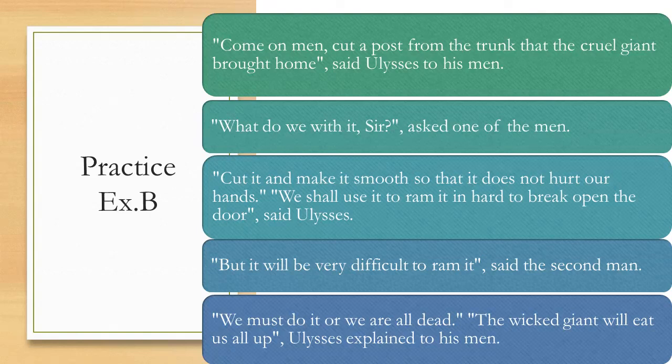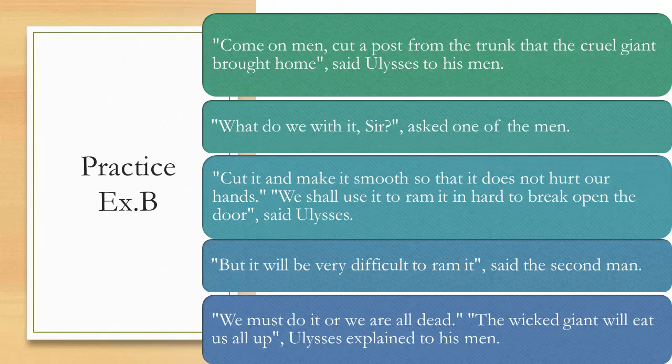Put inverted commas around spoken words and a comma after spoken words. Put a full stop after men. Do this in your book and start a new line for the new speaker. The next speaker is, "What do we do with it, sir?" asked one of the men.